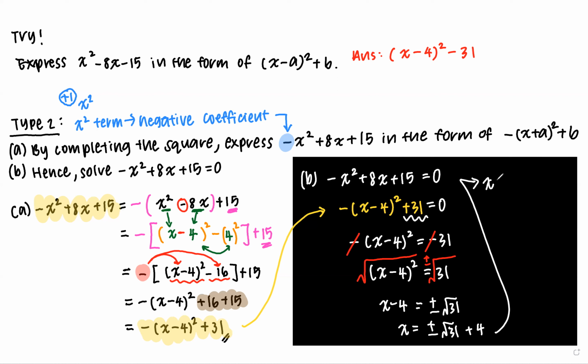So x is equal to, now put it in your calculator, square root 31 plus 4 gives me? Final answer always in 3SF, so it's 9.57. And we have an OR. Can you see an OR? Okay, guys, I don't have space to write on the right-hand side.